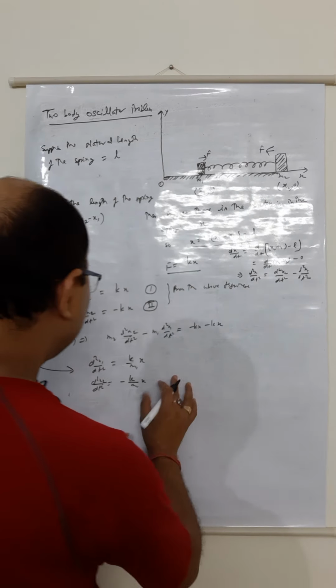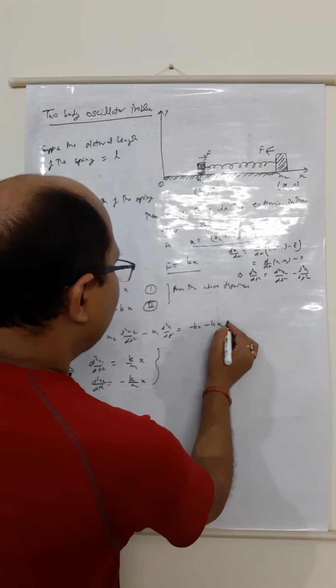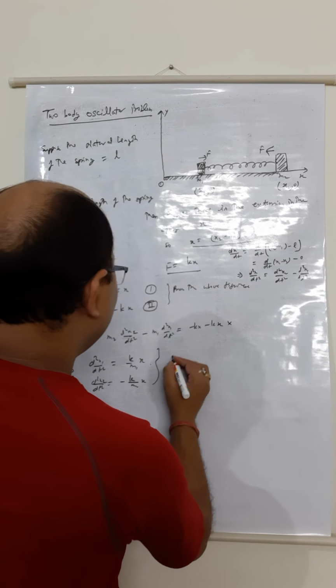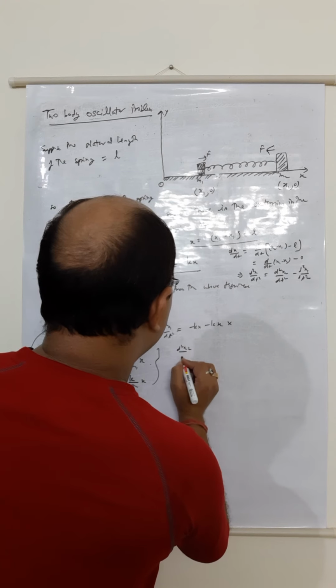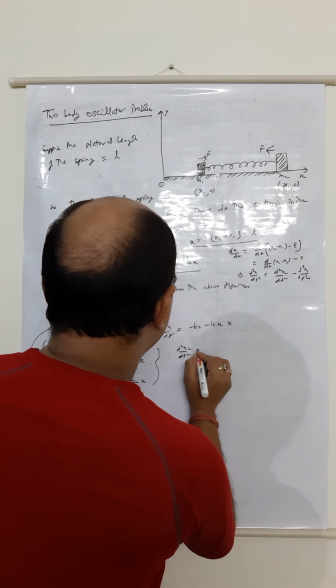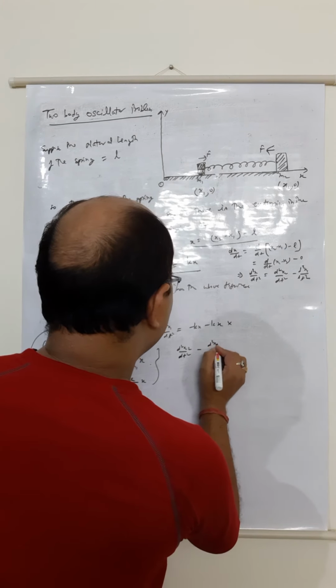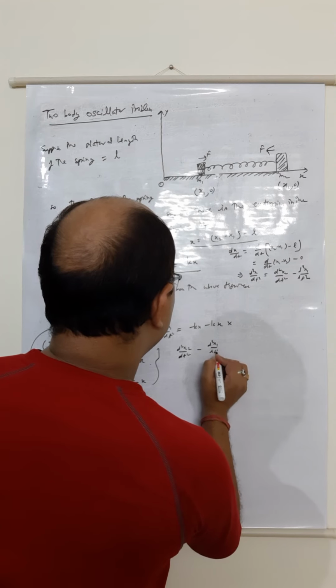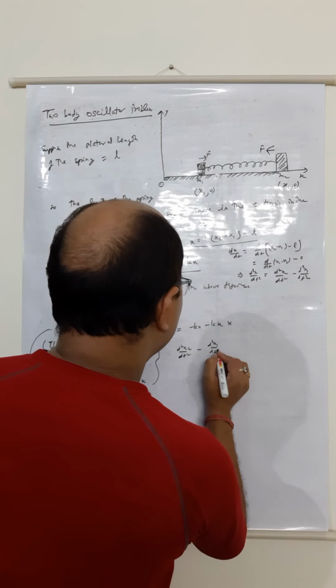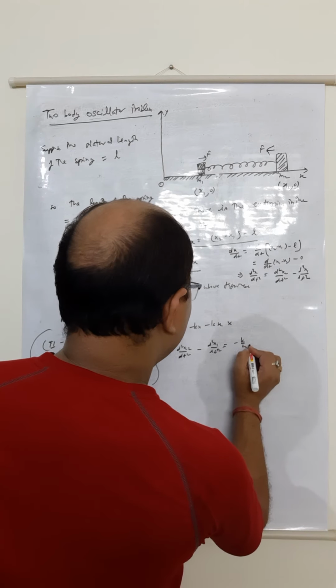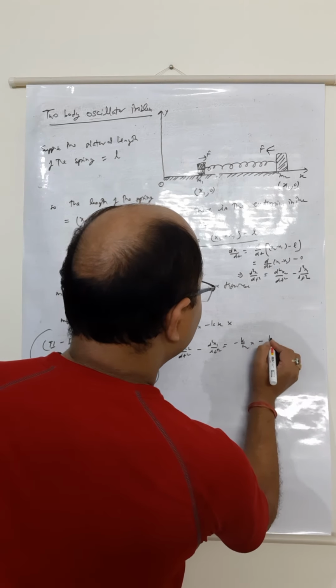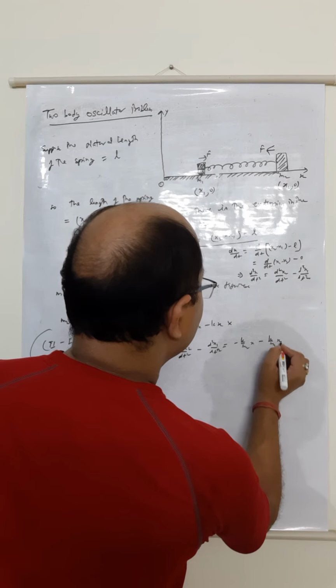So discard the earlier equation. From here, d2x2 upon dt2 minus d2x1 upon dt2 equals minus k upon m2 x minus k upon m1 x.